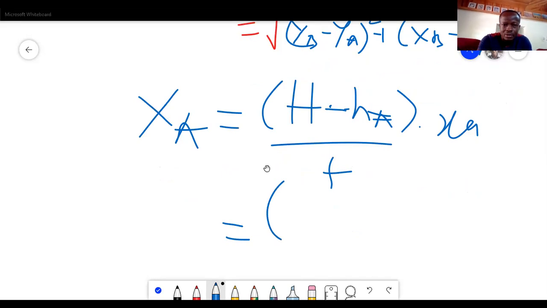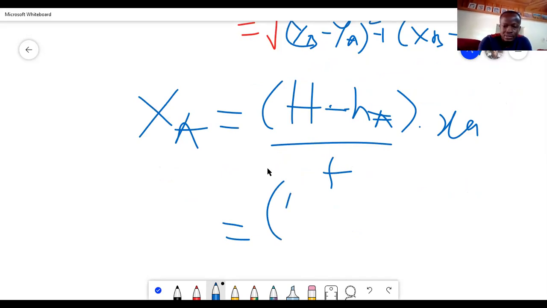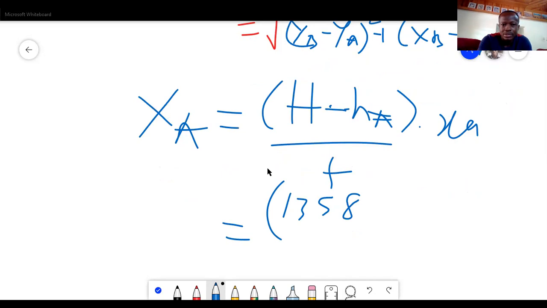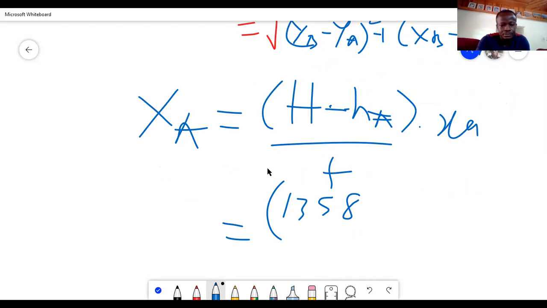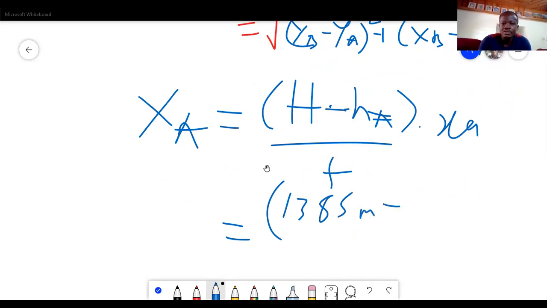The flying height itself is 1385 meters, and the ground elevation for point A is 204 meters.